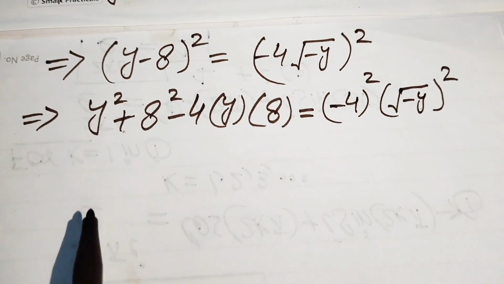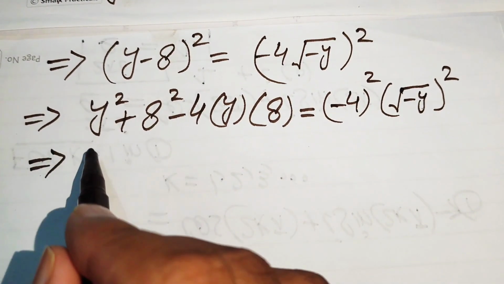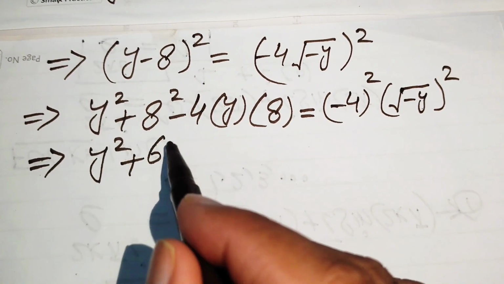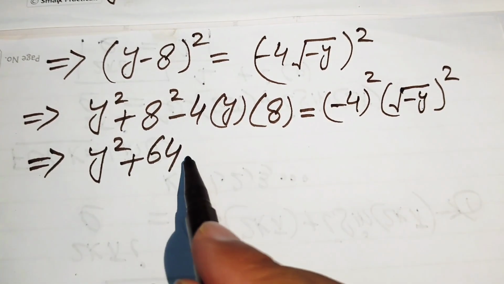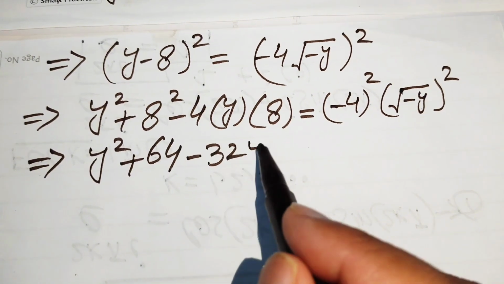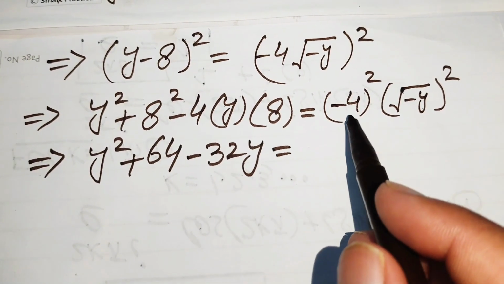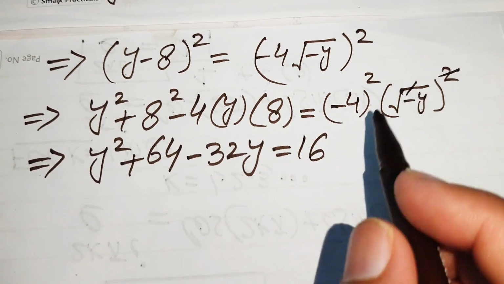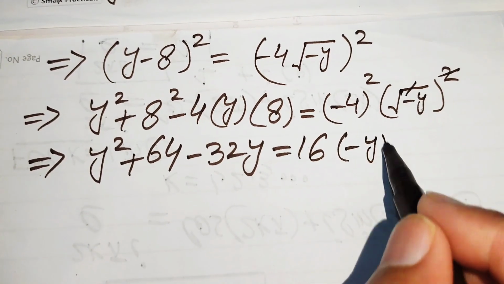So now in the next step, we need some simplification here, and we have y square plus this 8 square equals 64, and this 4 8s are 32y equals minus 4 square equals 16, and the square and square root are gone, and here we get minus y.